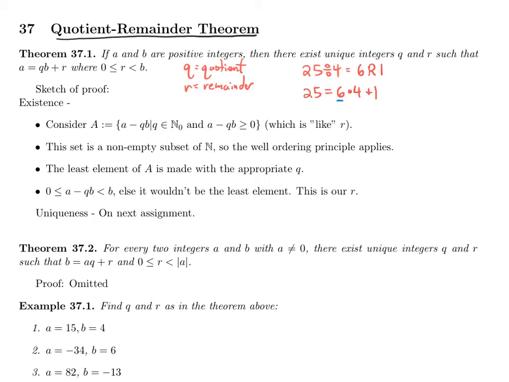So here is my q, here's my remainder r, and of course my a and my b are here. We usually call a the dividend, b the divisor, q the quotient, and r the remainder.